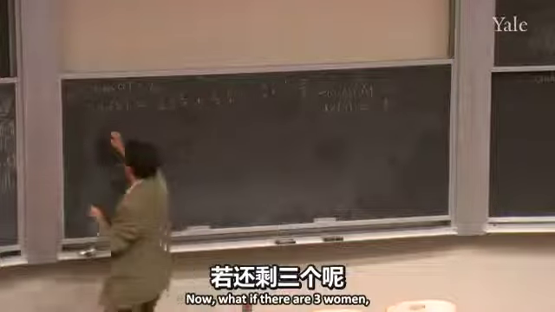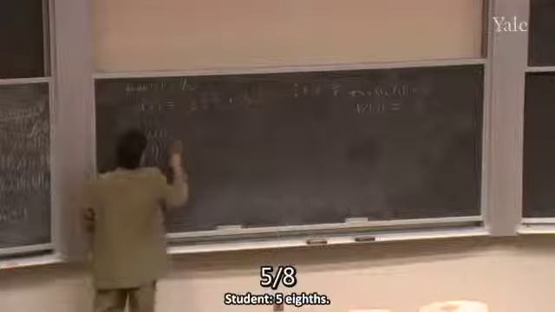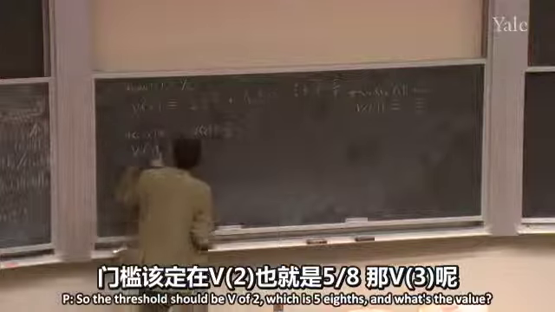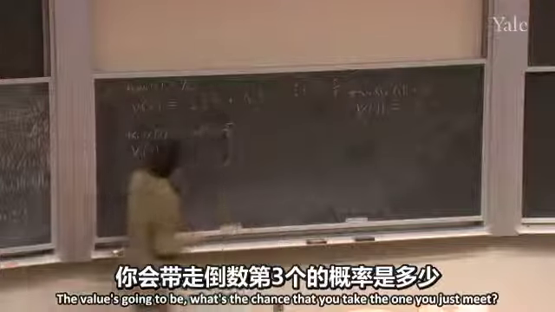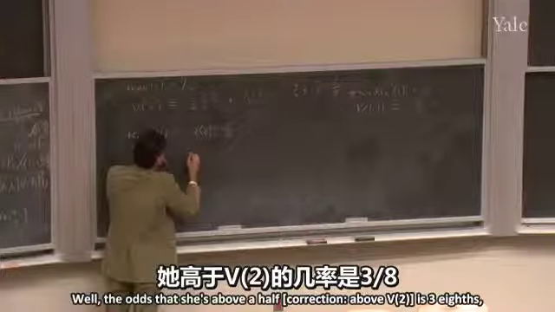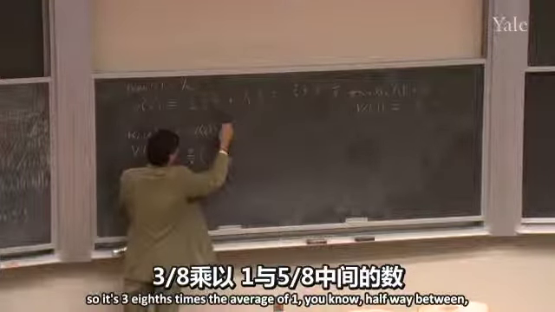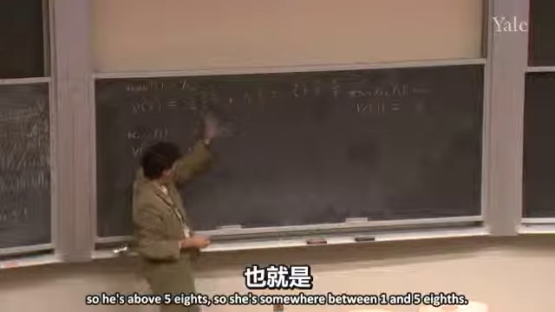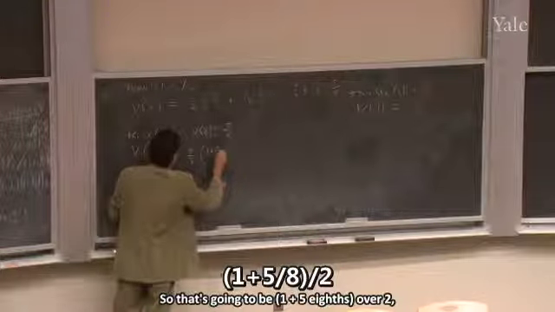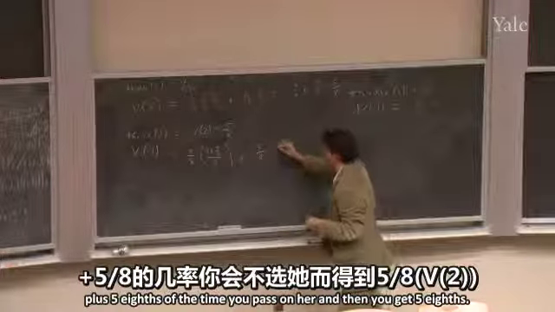Okay, now what if there are 3 women? What should the threshold be for 3 women, and what's the value of 3? The threshold should be V of 2, which is 5/8. And what's the value? What's the chance that you take the one you just met? The odds that she's above 5/8 is 3/8. So it's 3/8 times the average of 1 and 5/8, halfway between, so 1 plus 5/8 over 2, plus 5/8 of the time you pass on her and then you get 5/8.